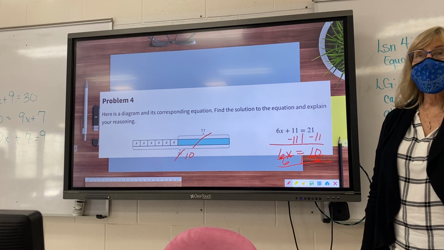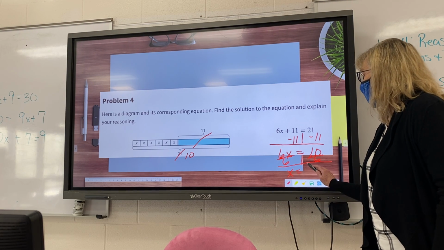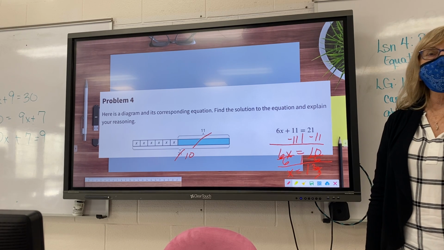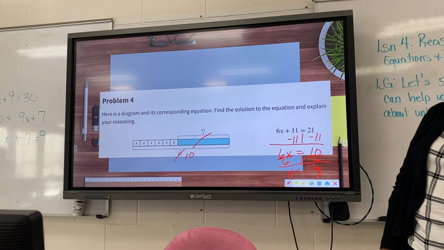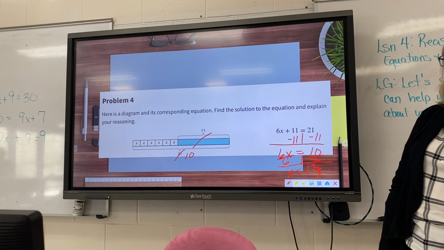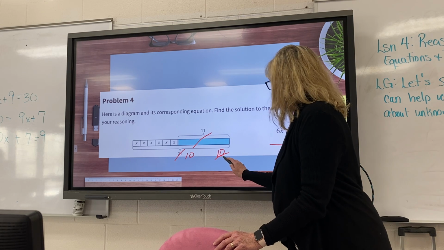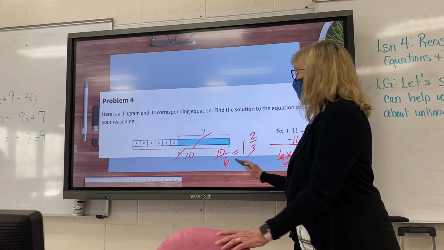Now, 1.7 doesn't terminate, so we're going to change it into a fraction because 6 repeating is 2/3. So here you would have just told me to take the 10, divide it by 6, and that would give me the 1 2/3.